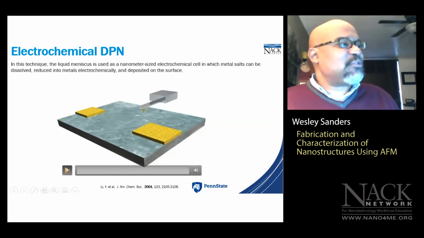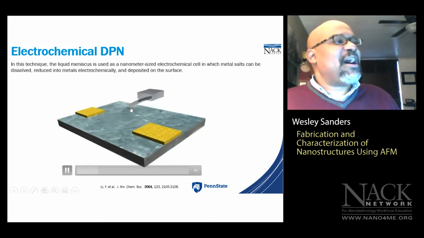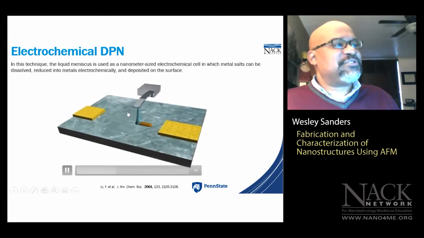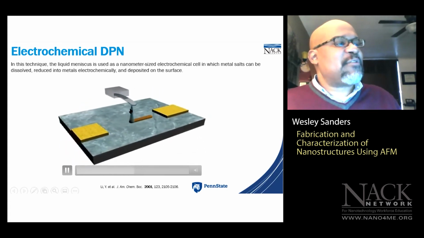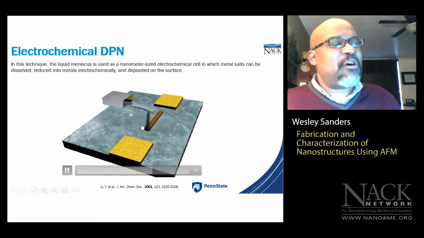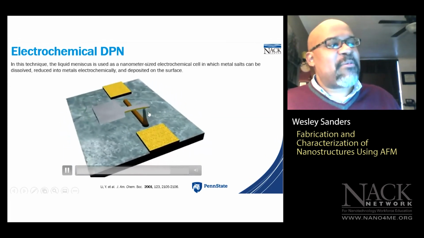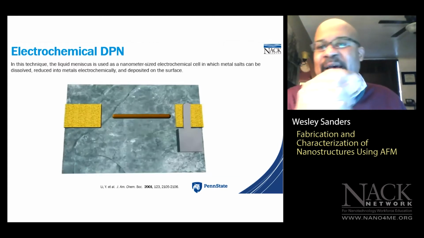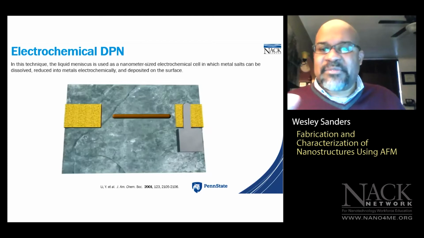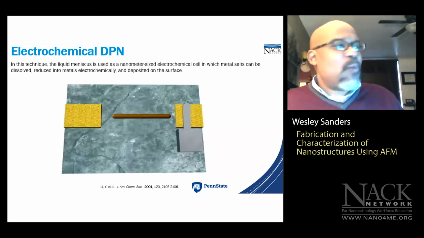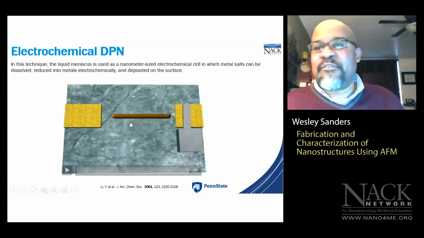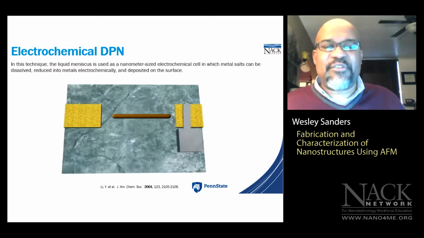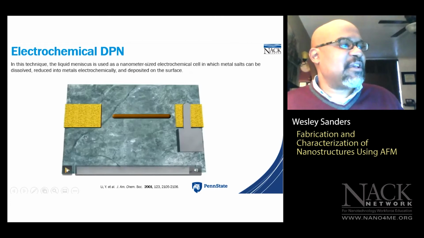But in any event, with electrochemical DPN, you're applying a voltage to the tip while the tip is immersed in the solution. The solution is going to contain metal cations that you ultimately want to reduce when the appropriate voltage is applied to the tip. Okay, so let's say, for instance, you want to make 10 nanometer wide silver strips. What you would do is put a dilute concentration of silver nitrate in your fluid cell, okay?